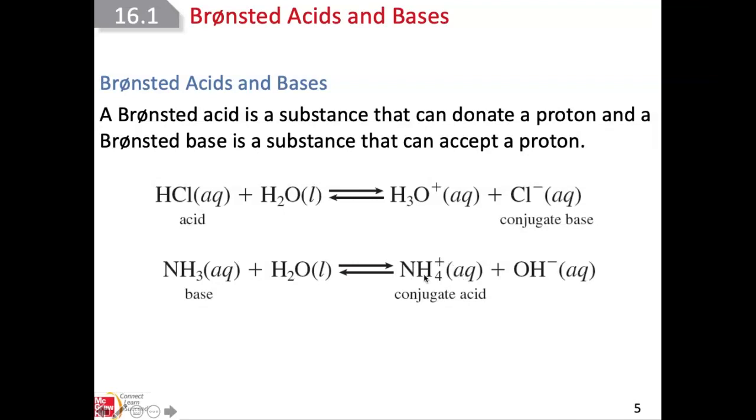And what is left of H2O after it donates H plus is OH minus. So NH3 is a base, it accepts a proton, but after it accepts a proton and forms NH4 plus, we call this substance a conjugate acid, because it can donate a proton and behave as an acid.